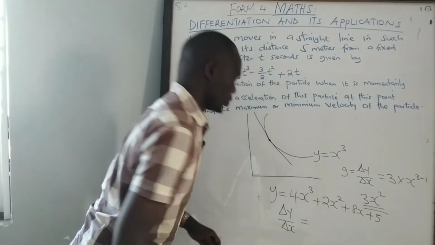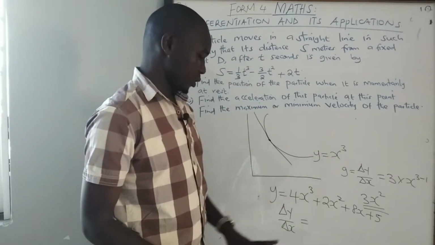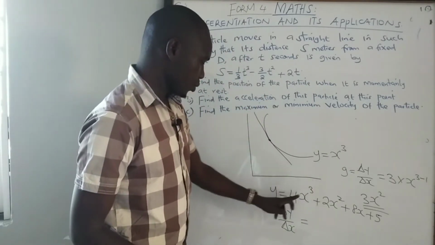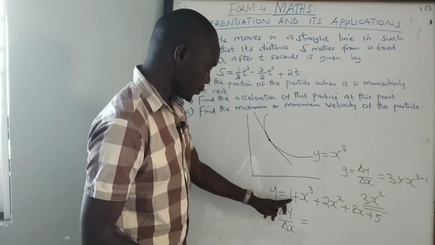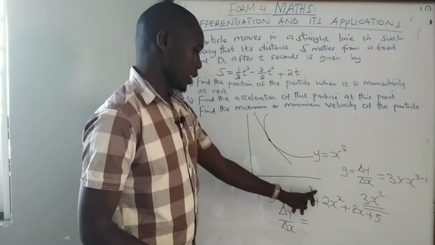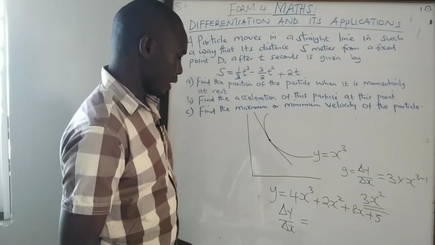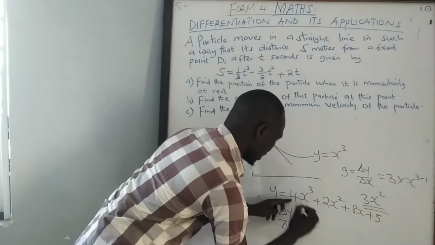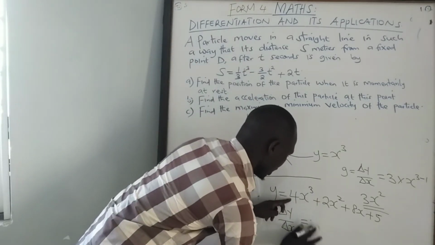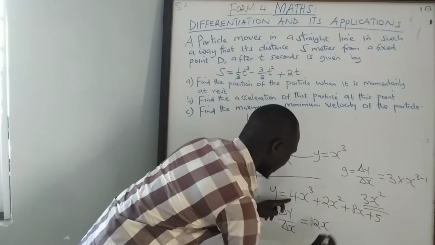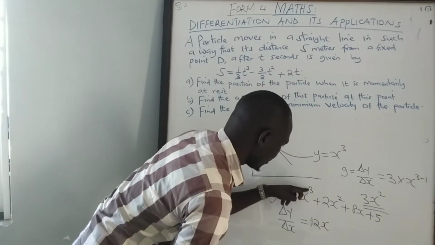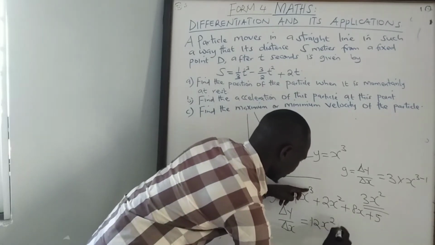We differentiate each term separately. The 3 multiplies here so that we have 12, then we reduce the power of x by 1. We have 3 times 4, which is 12x, and reducing the power by 1 gives squared.